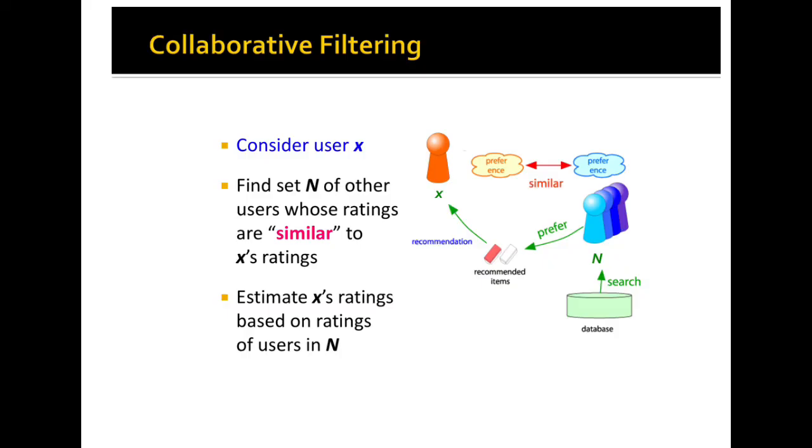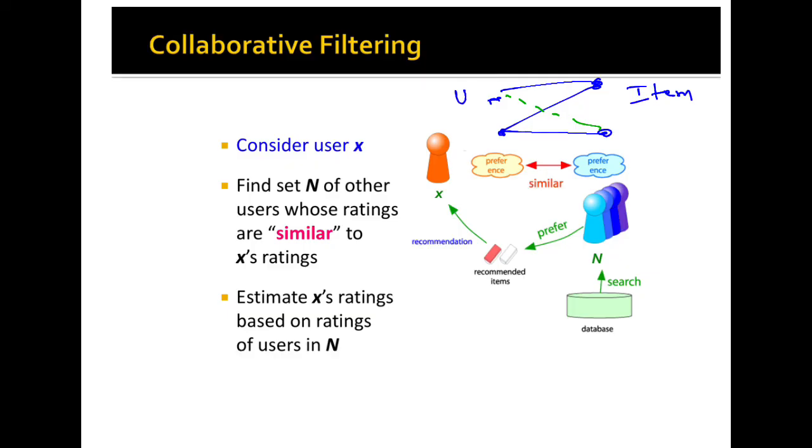And the basic idea here is, so if a user prefers an item, and there's another user who prefers this item, and this other user also prefers another item, then this could be a plausible recommendation for this user, right?